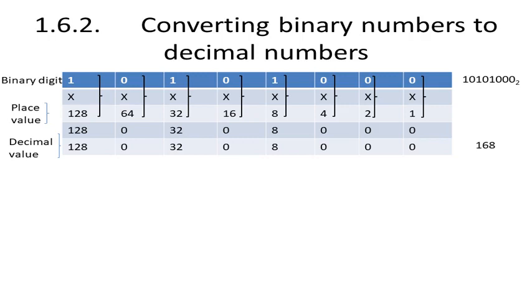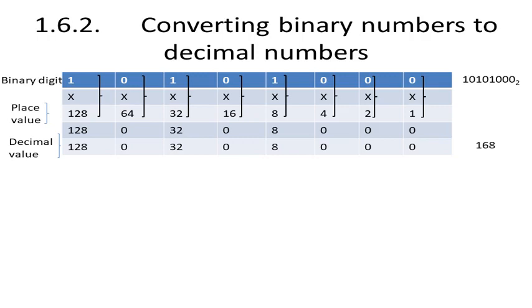Then you multiply each binary digit with its place value, and you obtain the place value in decimal format. Then you add these decimal values together, and ultimately you will have the answer: the value of that binary number in decimal format.